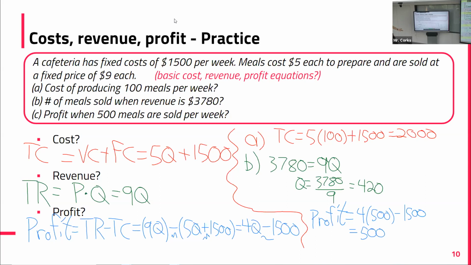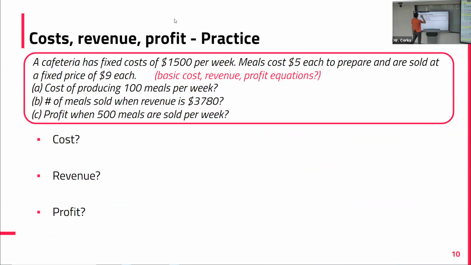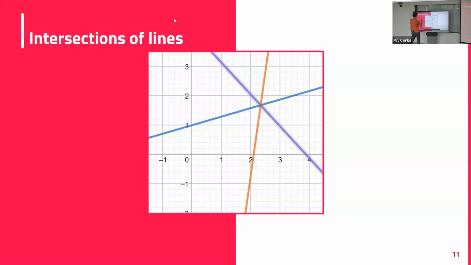How many customers realistically do we think will come in? So we'll come back to this at the end of today's class and add one more little bit to this. But for now, just some good practice with those formulas. All right, let's switch over to intersections of lines.